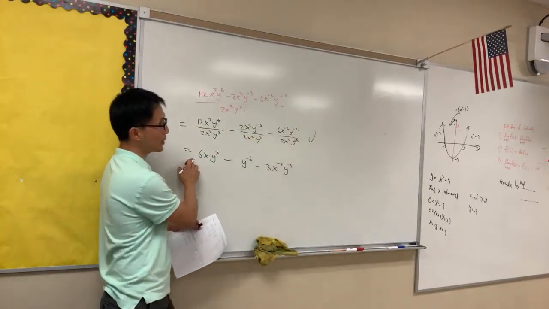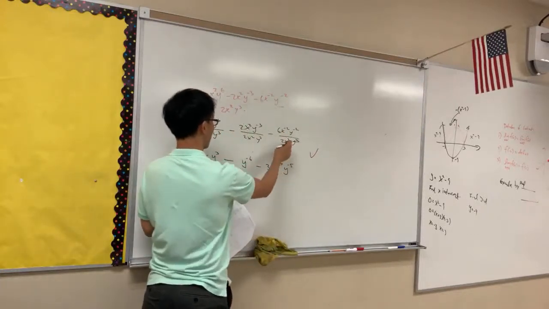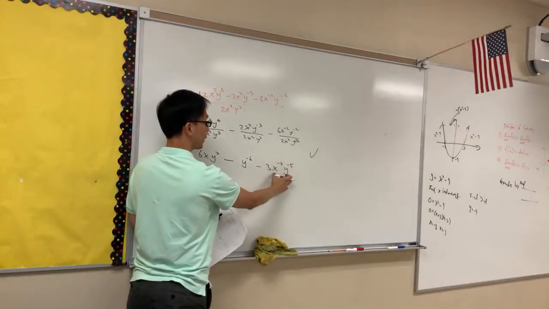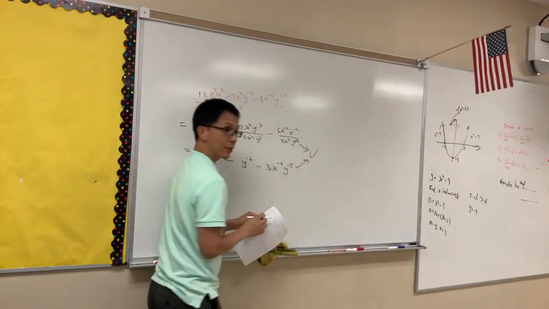If you got this, either way, I'm going to give him one check mark for either one of those. Some people go straight from here to here. I'm going to give him one check mark. Okay? So either one here is going to result in one check mark.